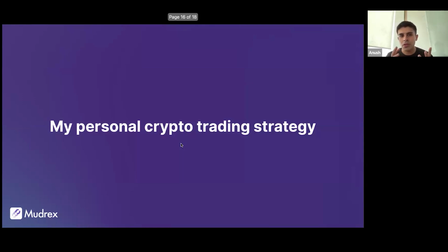First off, of course, I use technical analysis. This includes the usual suspects like support and resistance, RSI, moving averages, and sometimes trend-based tools like Fibonacci levels as well. This helps me identify where to get into a trade, where to set up my stop loss, and where to take profits as well.